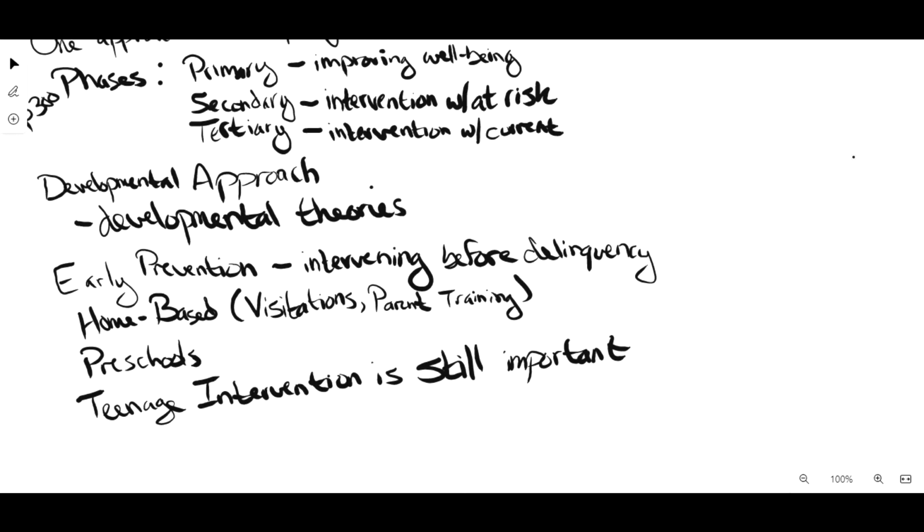No, it's still important to reinforce and continue to support any kind of prevention strategy, even early prevention strategies, at the teenage level. While it's no longer preschool and it's not really visitation or parent training, there should still be some kind of additional work.